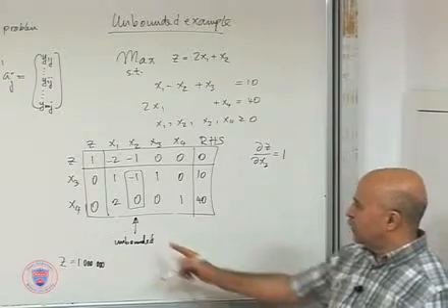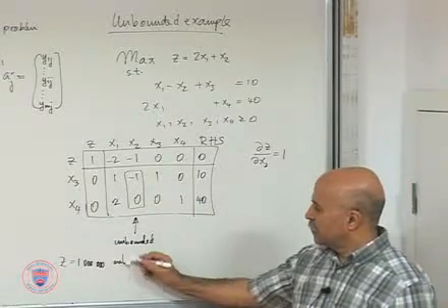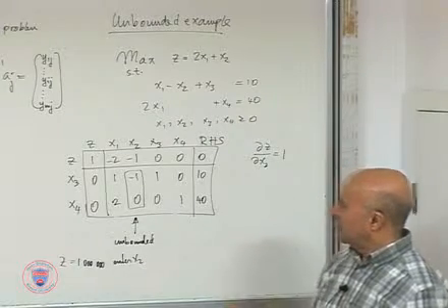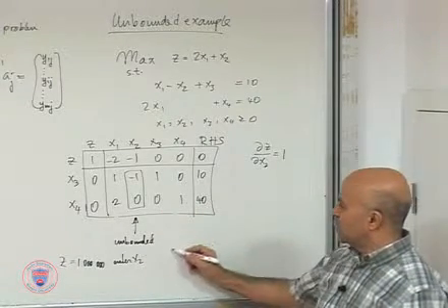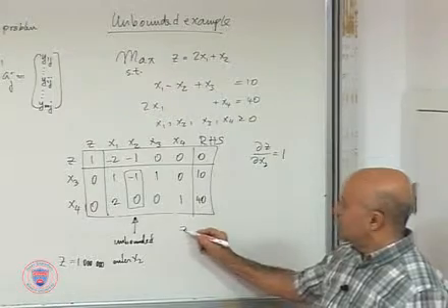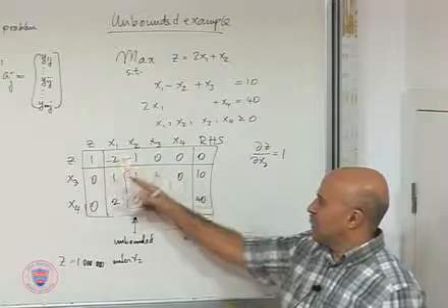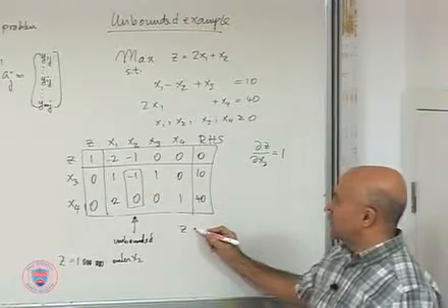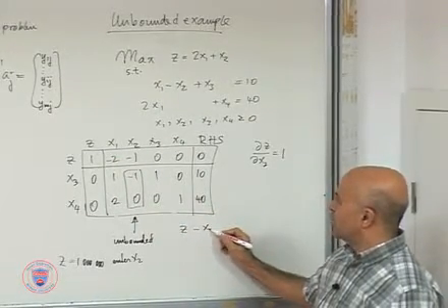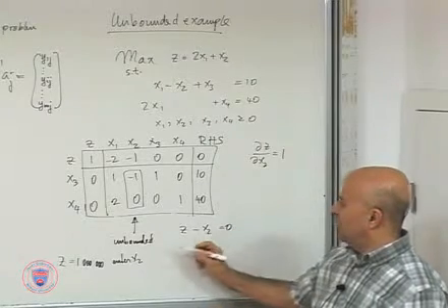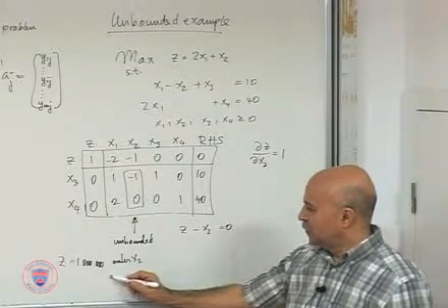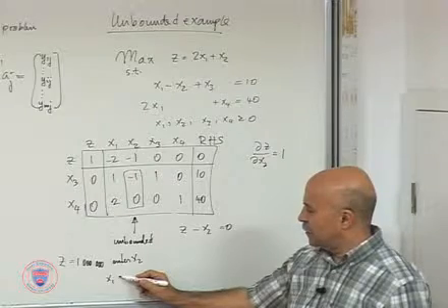To do that, I'm going to enter x2. And the objective function tells me that z is, well, x1 is still kept 0, okay? z minus x2 is equal to 0 when x1 is 0. x1 is still non-basic.